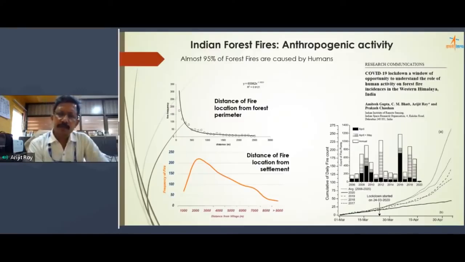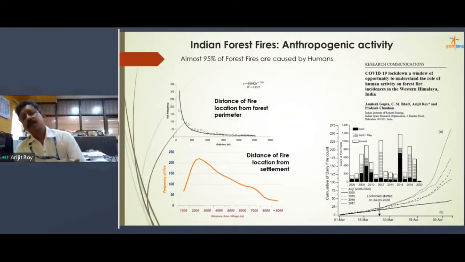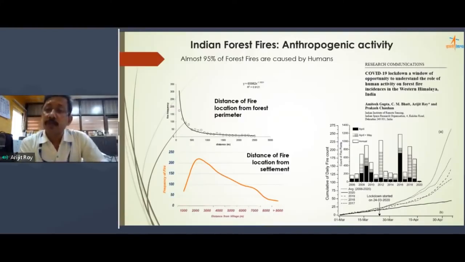In fact, the COVID-19 lockdown last year provided a good opportunity for us to understand the role of human activities on forest fires, especially in the Western Himalayan states.